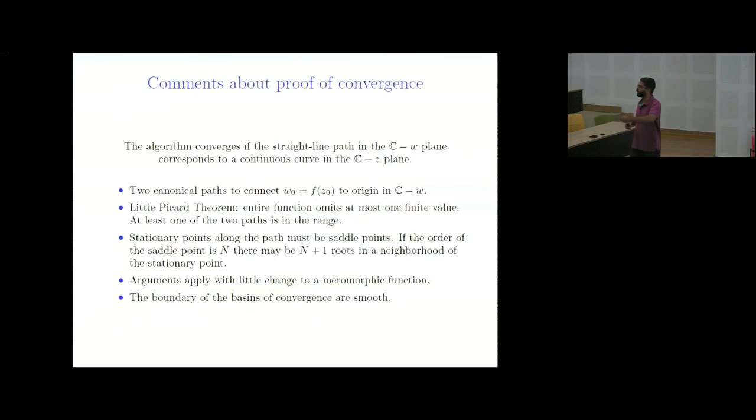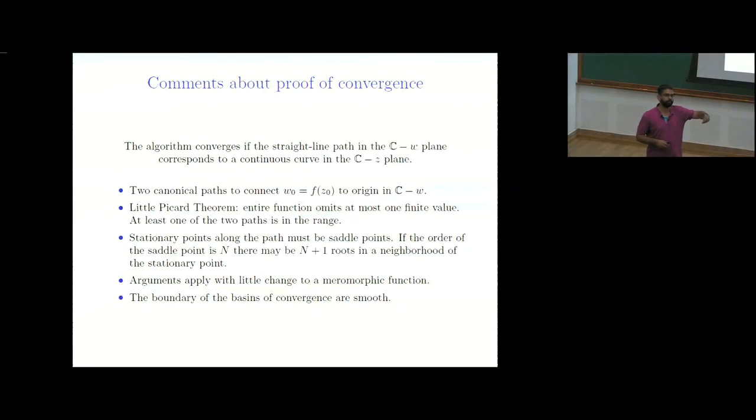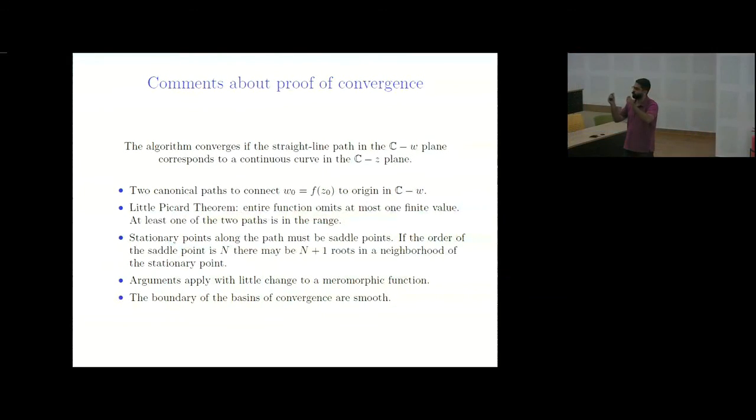If you don't end up at the root, if you don't end up at the global attractor, and you end up at a stationary point along the way, well, that's when you decide which directions to go and how many routes you want to spawn at that point, because you know there are n plus 1 sectors, n plus 1 directions that you could now go from that one stationary point to converge to others.